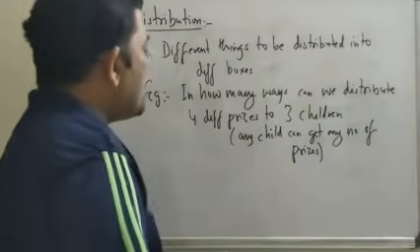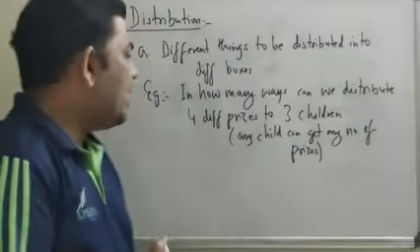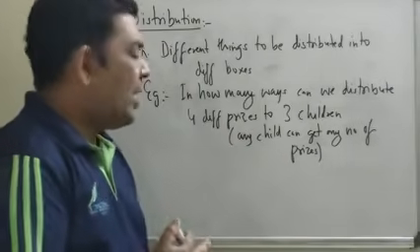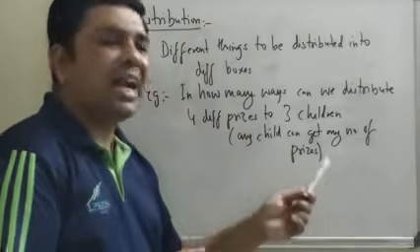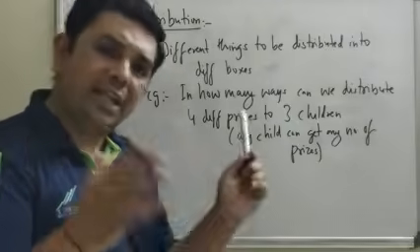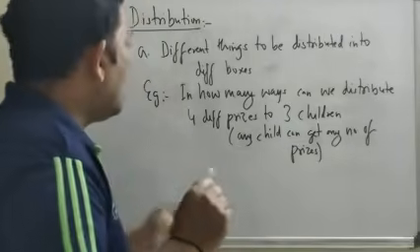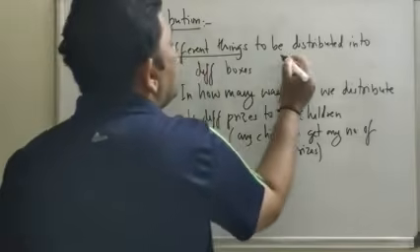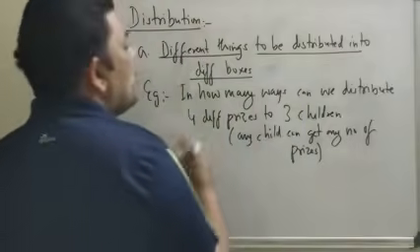So what is the question? In how many ways can we distribute 4 different prizes to 3 children? Where what is the condition? Any child can get any number of prizes. So ideally what we are saying is there is no condition, right? Now this is called distribution, and what are we saying? Different things to be distributed into different boxes.